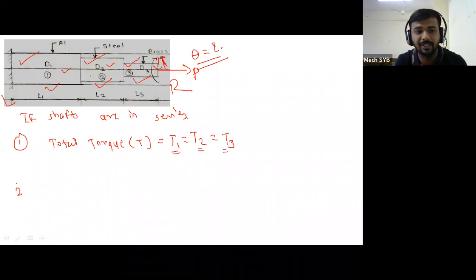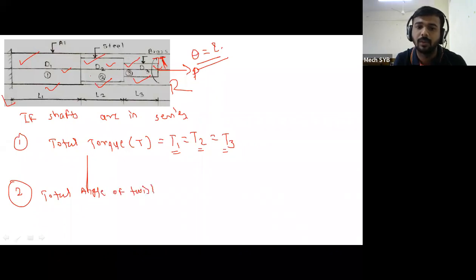And then second condition is total angle of twist theta is equal to, can you tell me this formula?